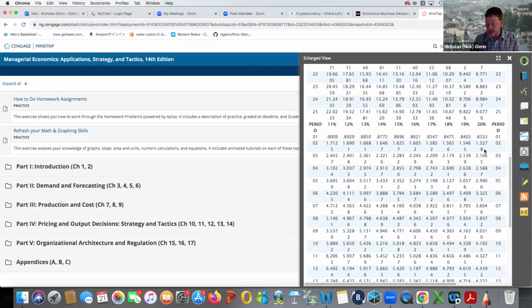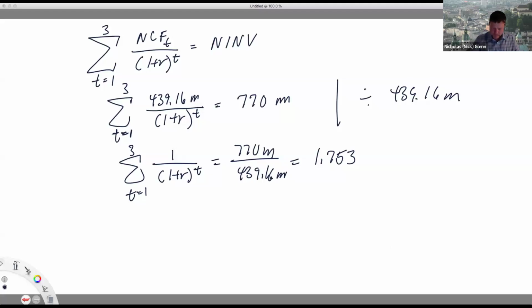Now we'll come back to this in a second. I'll finish with this problem from Tesla just to explain what this means when you get an internal rate of 22%. So let's go back here again. All right. So I determined what would give you this amount here. So if you're adding this up, 439.16 million, you get this 1 year from now.